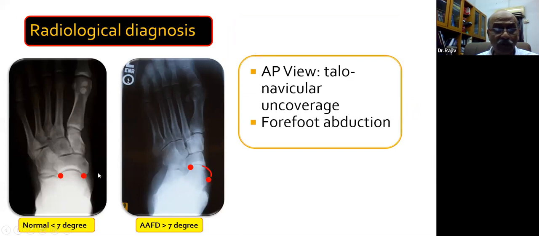So what you look for in the AP standing view in a case of flat foot is talonavicular uncoverage and thereby abduction of the forefoot. The axis of the forefoot versus the axis of the hindfoot forms an angle outside, which is called forefoot abduction.